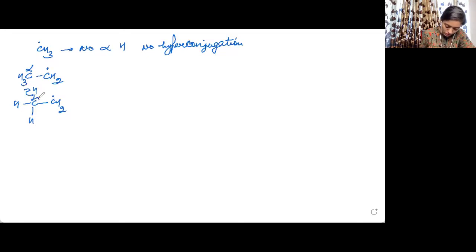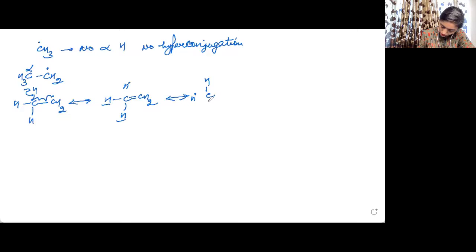The other will move towards this free radical and it will come here, and there will be the formation of this species in which the free radical is now on hydrogen. Okay, then we can consider these 2 hydrogens also.